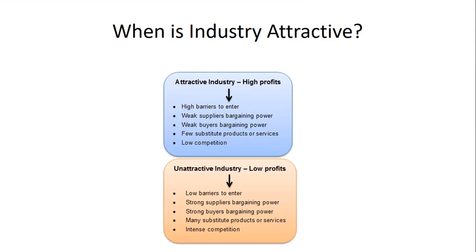Then an unattractive industry has low barriers to enter, strong suppliers having bargaining power, strong buyers having bargaining power, many substitute products or services, and intense competition. You can see this is running exactly in parallel, so this really plays an important role.